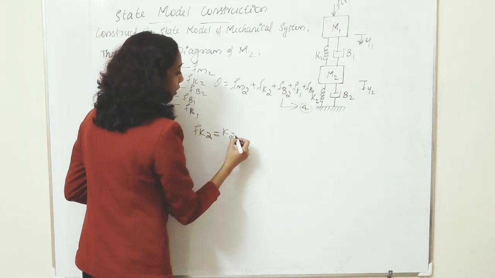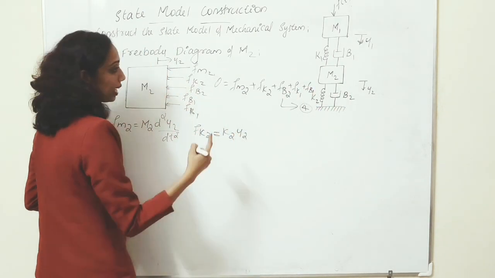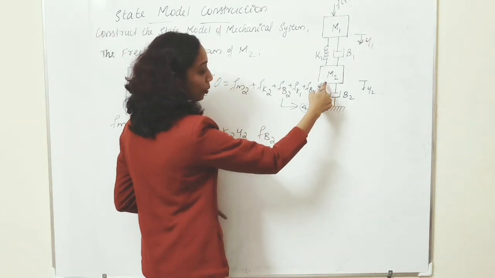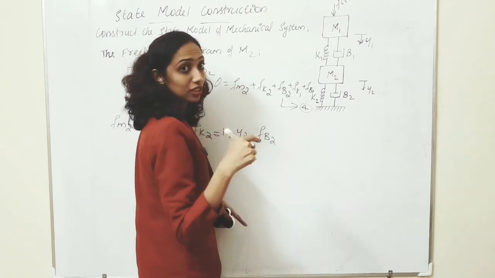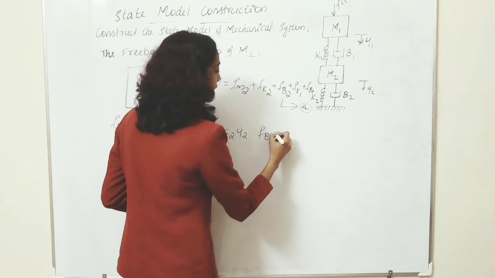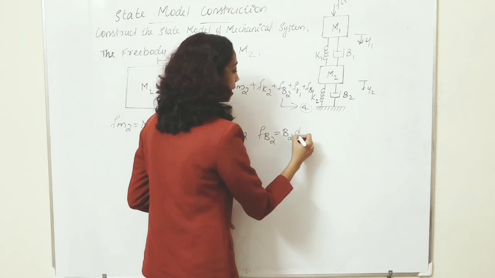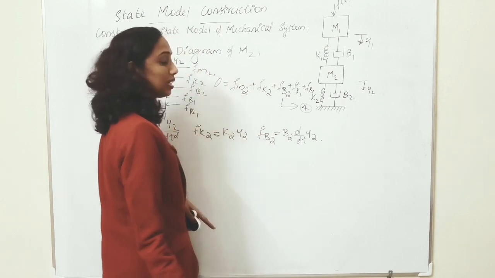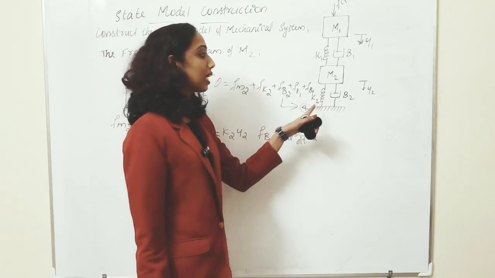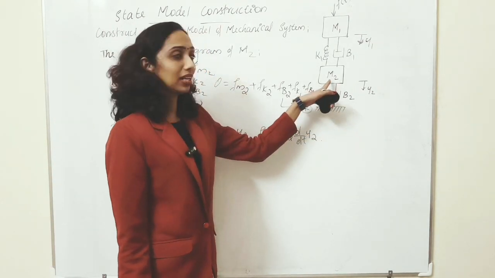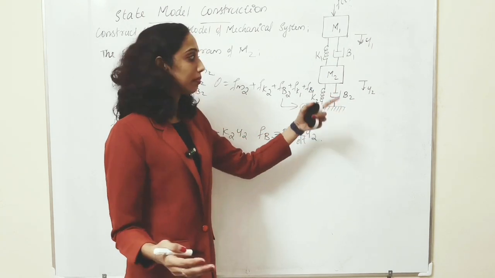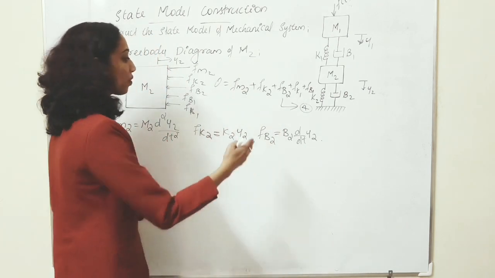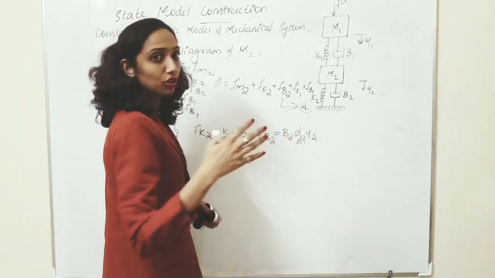Therefore, I can write it as K2 y2, and like that B2 is again connected to the reference point. One point is M2 and the other is connected to the reference point. So we can write it as B2 into d by dt of y2, because one point is connected to the mass component and the next point is connected to the reference point.